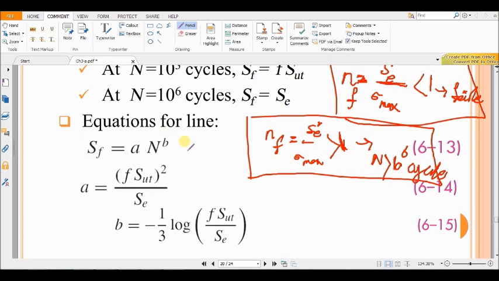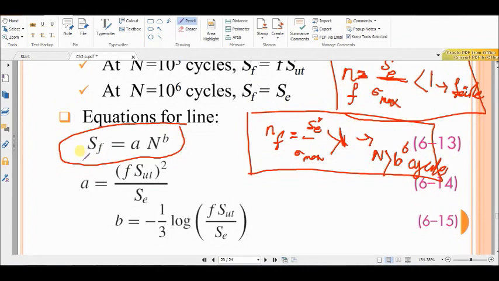Okay, look at this equation. In this equation, Sf stands for fatigue strength and N stands for number of cycles. In one case, maybe you want to find the fatigue strength under a specific number of rotations or cycles.